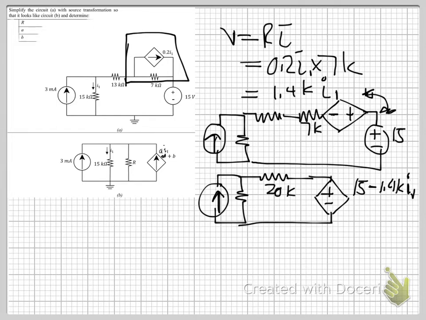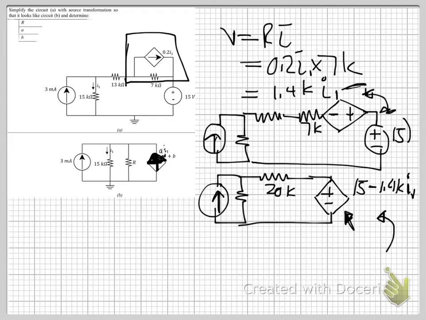You may ask yourself why we are taking it to be 15 minus. The reason is that we are looking for a current source that points up, so we need to make sure that the current is going to flow in this direction. So that's why we said 15 minus that.